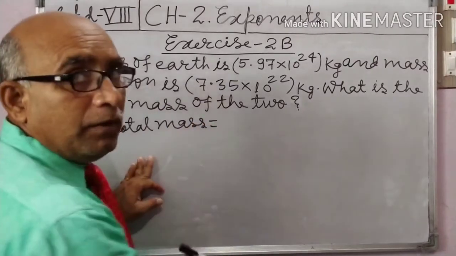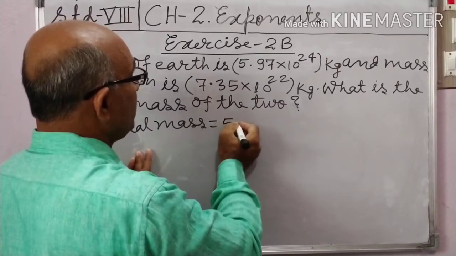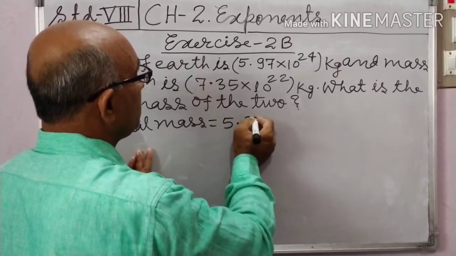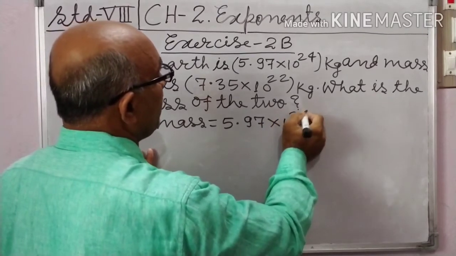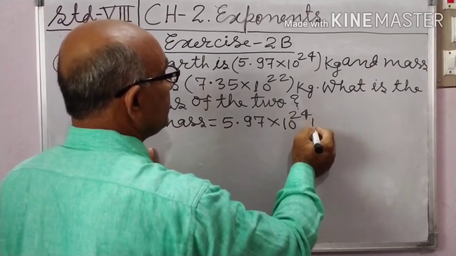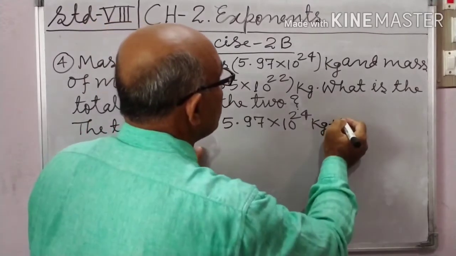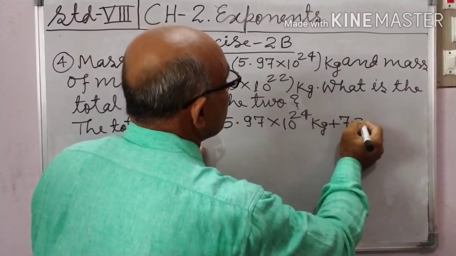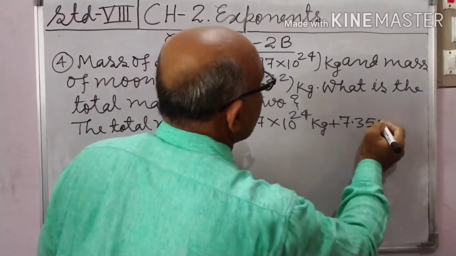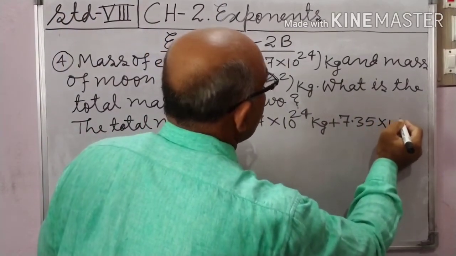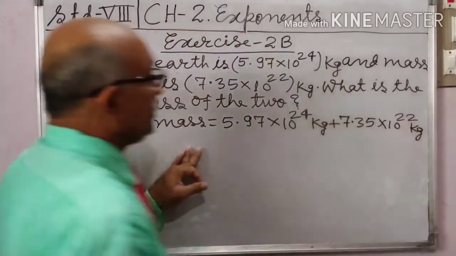mass equals, first of all, write the mass of Earth. So the mass of Earth is 5.97 into 10 to the power 24 kg plus the mass of the Moon, 7.35 into 10 to the power 22 kg.